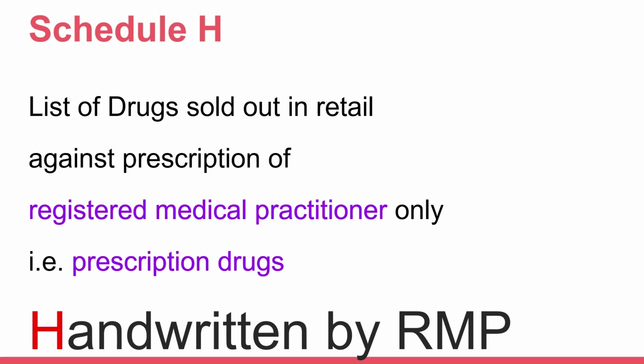Moving to Schedule H. This is a list of drugs which are sold in retail against the prescription of a registered medical practitioner. That is, all drugs mentioned in Schedule H cannot be dispensed over the counter.